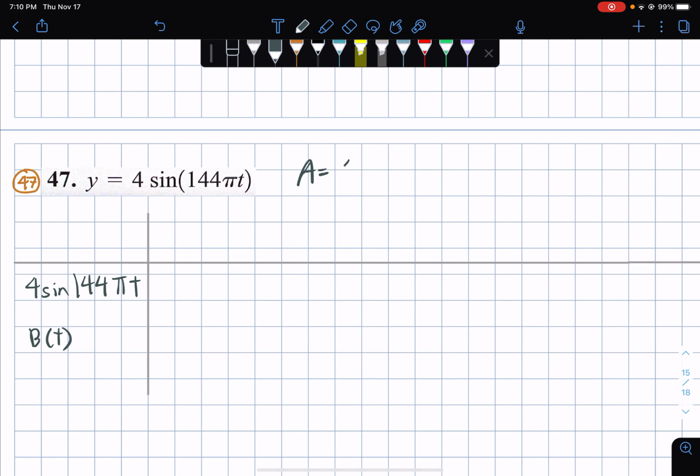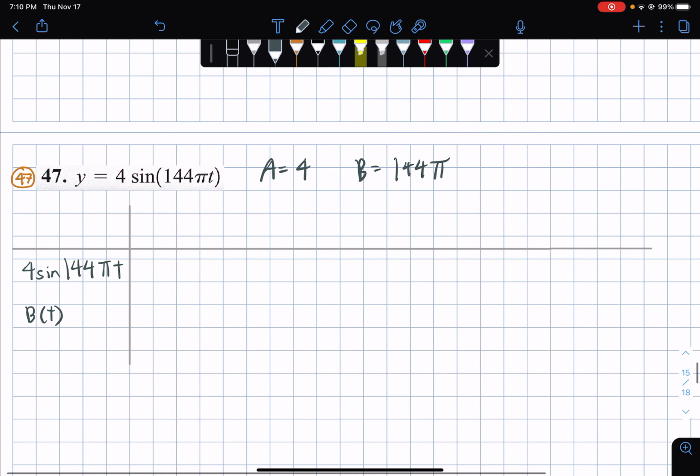So given that the amplitude is 4, the b is 144 pi. So we'll be expecting to have t variables that would have integers or constants or fractions multiplied to pi, because the b variable already has pi. So the period is 2 pi over 144 pi.